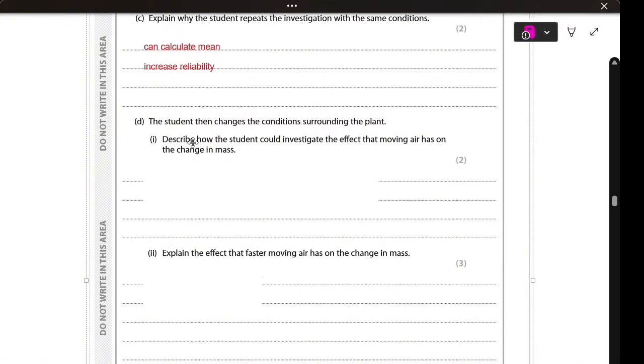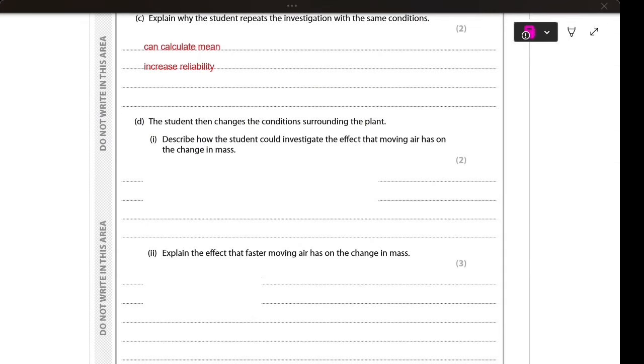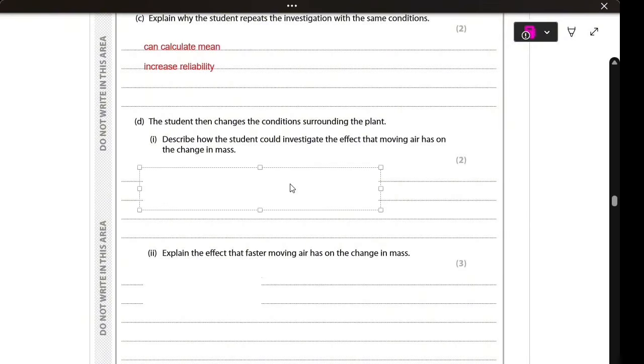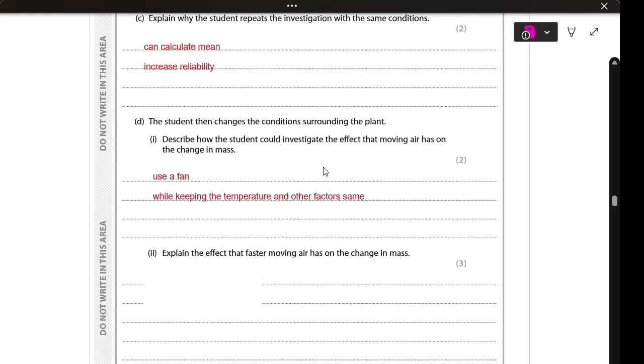So we could use a fan to move the air. Meanwhile, we should also keep the other conditions the same, because if we do not keep the other conditions the same, then the other factors may affect the change in mass. So we only want to figure out the effect of moving air on the change in mass. So the answer is use a fan while keeping temperature and other factors the same.